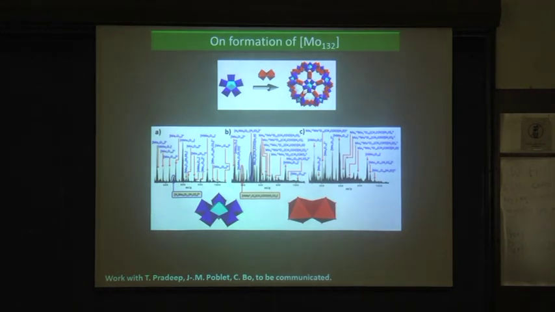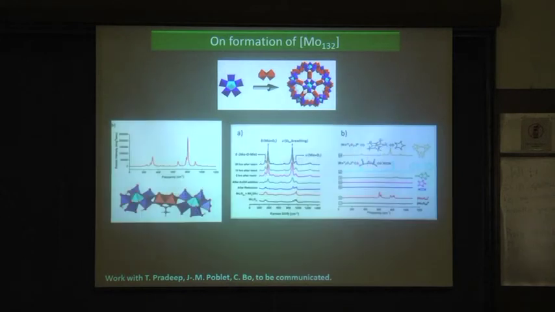What we see is, for example, we have these pentagonal units and these binuclear linkers. Now, these pentagonal units and binuclear linkers are depleted from the combinatorial library as we go on with time, and then we monitor it with in situ Raman spectroscopy as well.